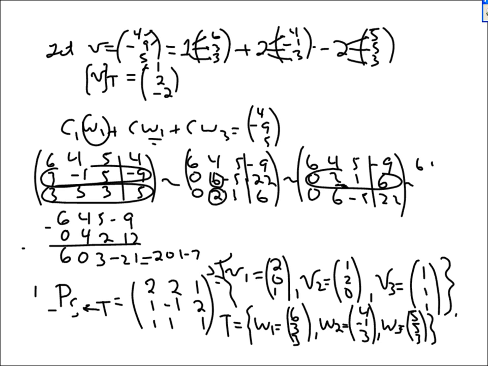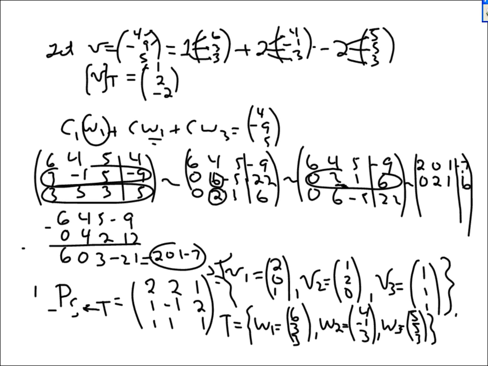So I get 6, 4, 5, negative 9, 2. Well, that makes no sense. Oh, that was the first row. I'm so sorry. This is the new first row: 2, 0, 1, negative 7. The second row does not change.